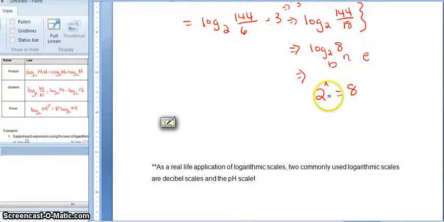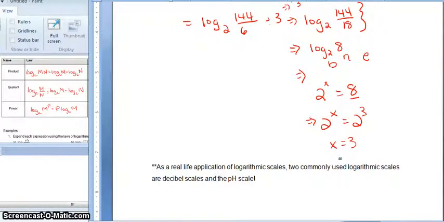Then from there, hopefully you can recognize 8 can be rewritten as a base of 2. So rewrite that as 2 to the power of x is equal to 2 to the 3. We have the same bases now, so we just have to look at the exponents. And we find that x is equal to 3.